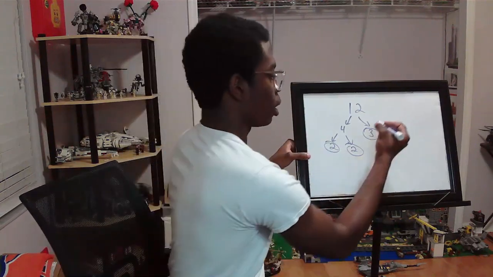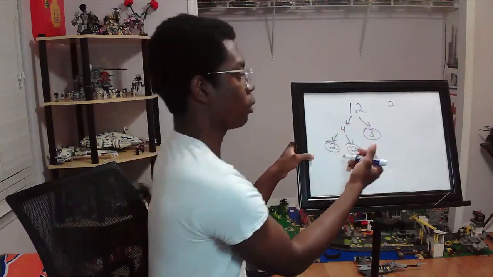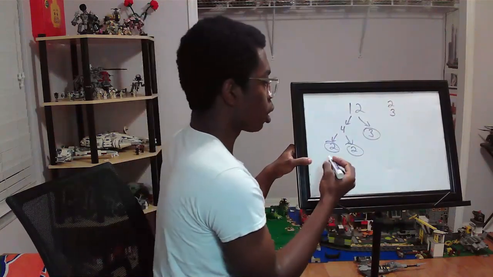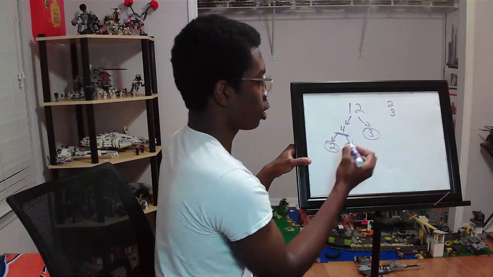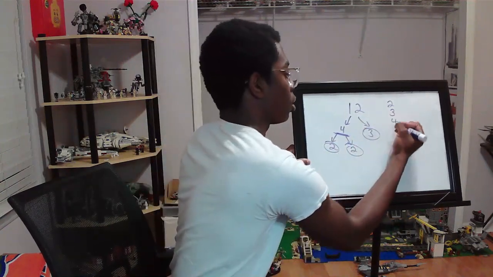So we can go through. 2 is obviously a factor of 12. 3 is obviously a factor of 12. You see 4 here, which is a combination of 2 and 2. That's going to be a factor.